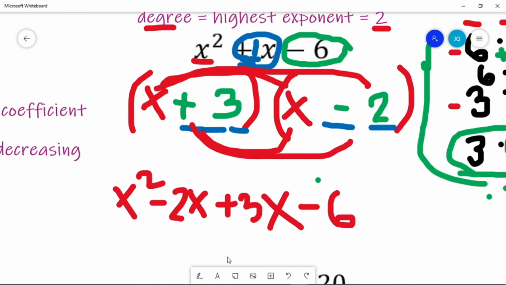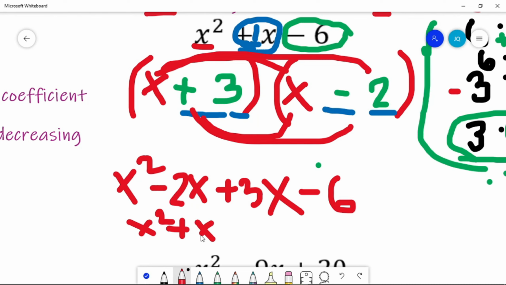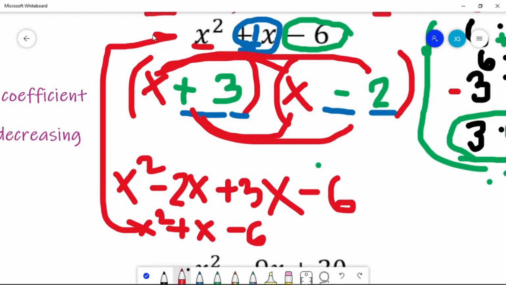Now let's combine like terms. Like terms: x squared, negative 2x plus 3x, that's positive x, minus 6. So we got the original expression. Therefore, the factor of x squared plus x minus 6 is the quantity x plus 3 times the quantity x minus 2.